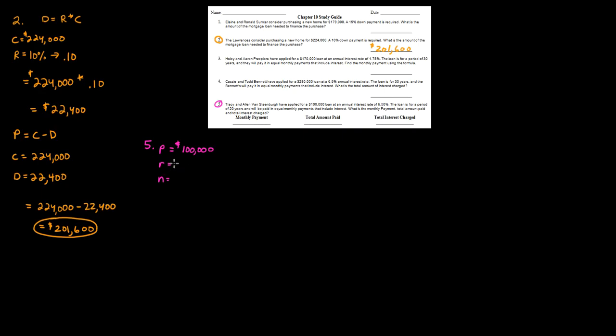The R is going to be my APR divided by 12. So that pencils out to 0.005416667. My N is going to be years times 12. It's a 20-year loan, so it is 240. So I'll plug this into my monthly payment formula.